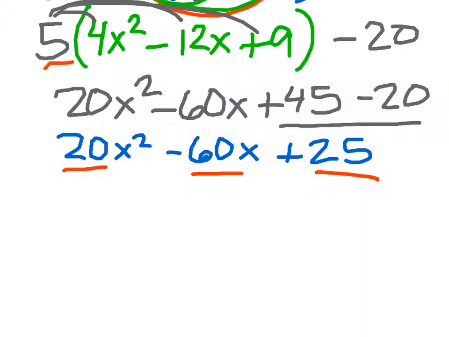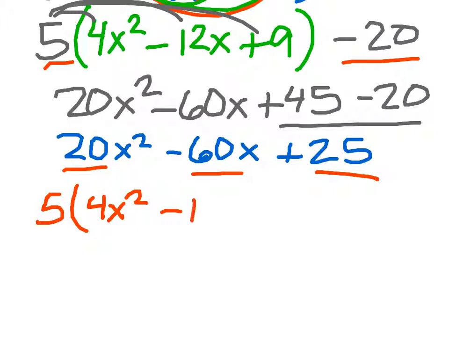It feels like I just got done multiplying a 5 through there, but we had to go through that in order to appropriately bring that negative 20 in as a like term. So now we'll take a 5 back out, and that'll give us 4x squared minus 12x. Sounds familiar, but now we've got plus 5 on the end.